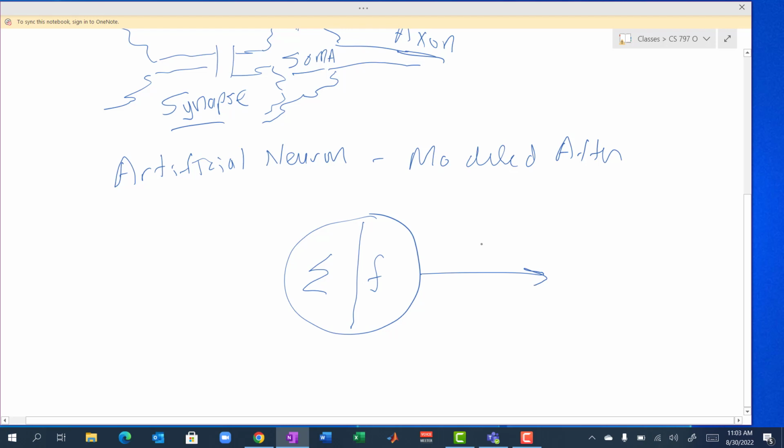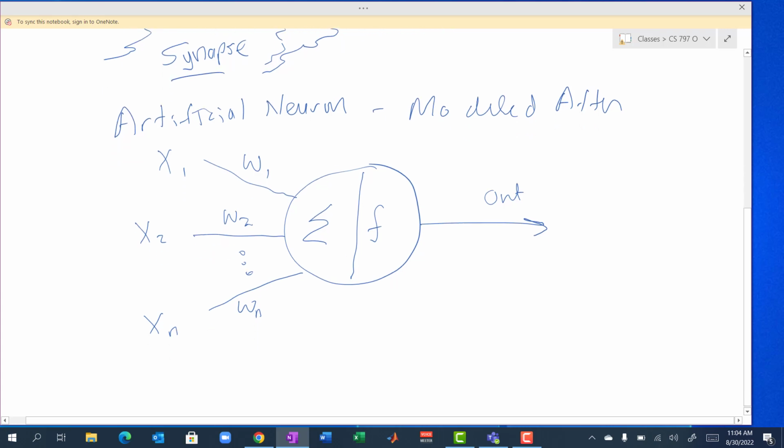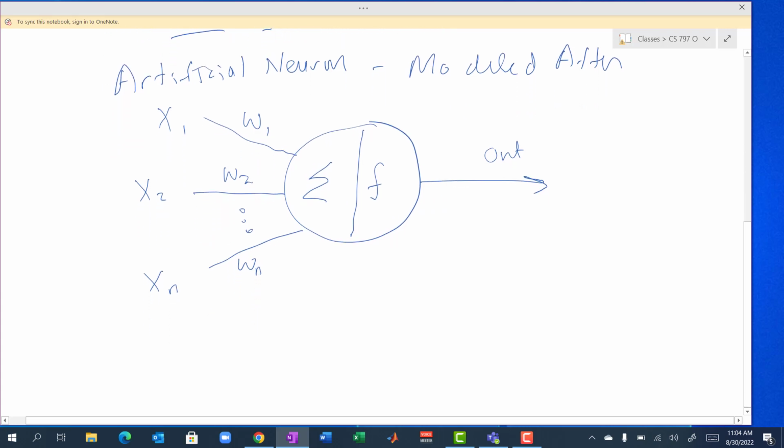The output is modeled after the axon, and then the artificial neuron has inputs. I'm just going to draw three, but there can be many of these. And the input values are x1, x2, and x sub n. And these are multiplied by weights. And then those are added up with the summation, and then the activation function is applied to the summation to create the output.